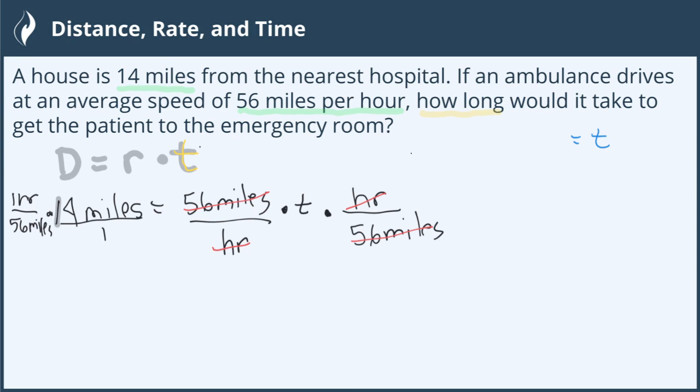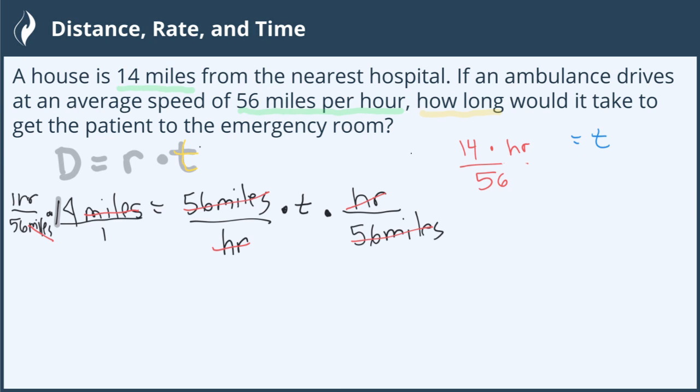And then on the other side, our miles cancel out, and we're left with an hour. So we're left with 14 times an hour over 56. The miles have canceled out, and we're left with an hour. Let me write this a little bit differently here.